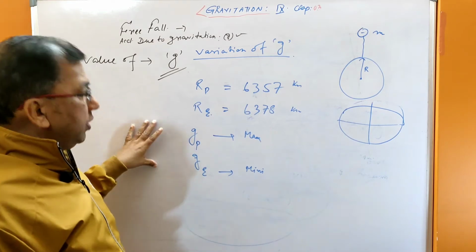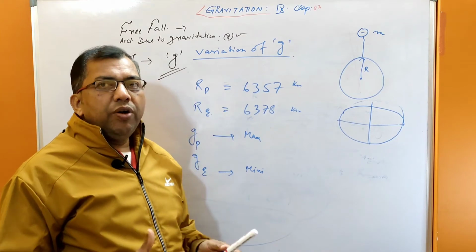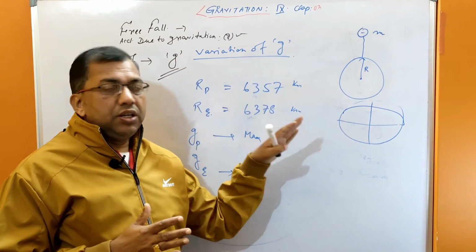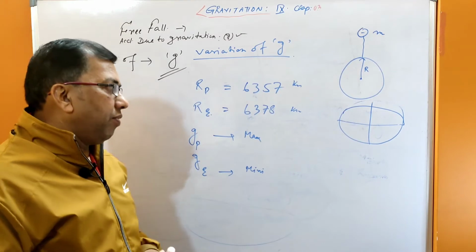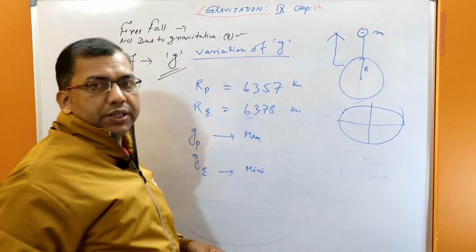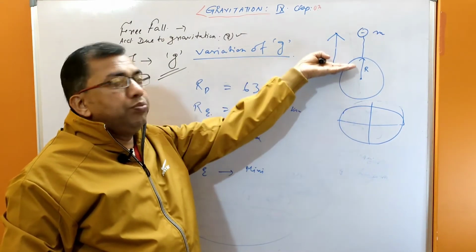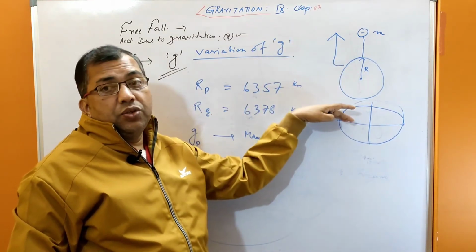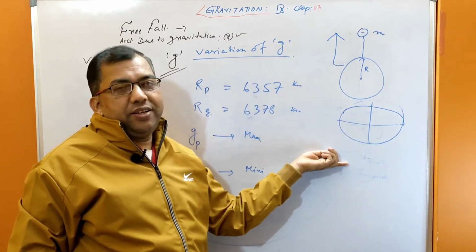Okay, and one thing you must remember: the value of g decreases with height above the surface of the earth. When the height goes up, the value of g will decrease. And the value of g also decreases as we go down inside the earth.